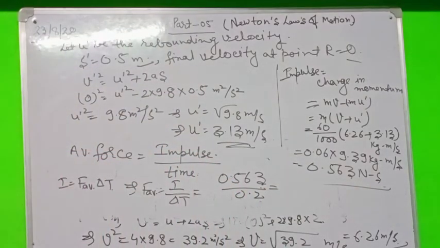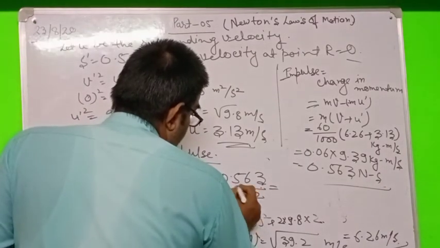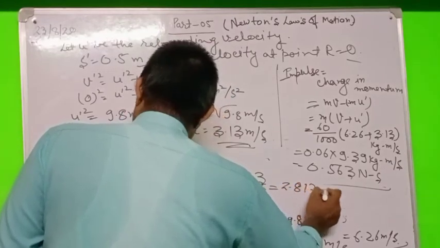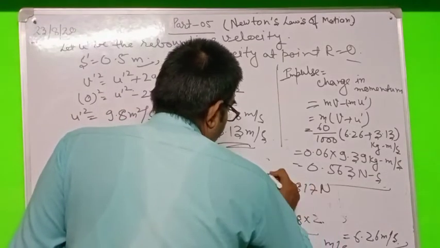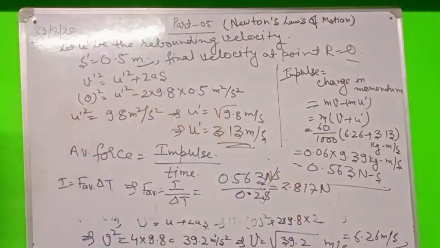On division you will get 2.81 Newton second per second, and the second will cancel out, so it will be 2.81 Newton. So these are the two questions on impulse.